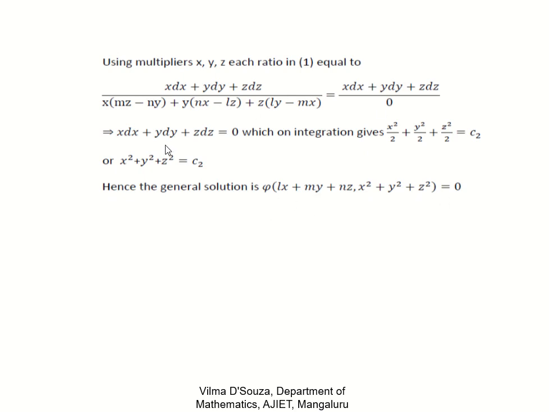First you can find this, then you can find that, the order is immaterial. u and v, first you can find u then v, or any way you can write. This can be written as phi of lx plus my plus nz comma x square plus y square plus z square equal to 0. Or you can also write it as, first you can write x square plus y square plus z square, then lx plus my plus nz.